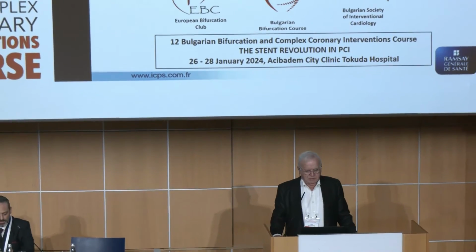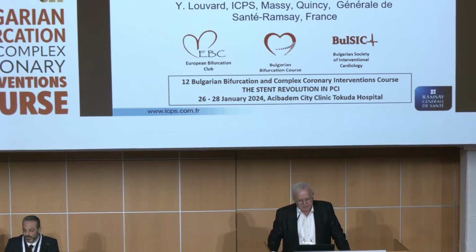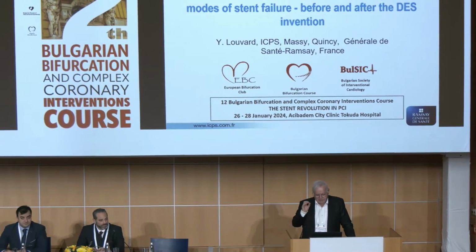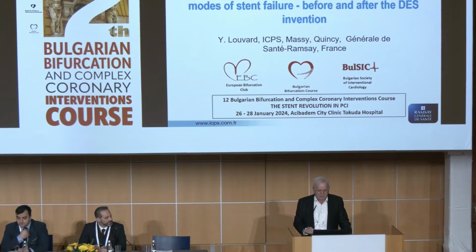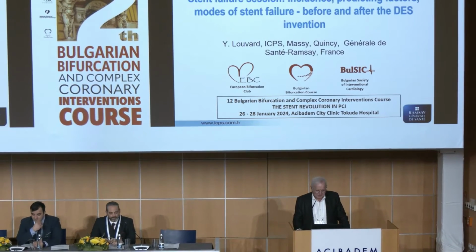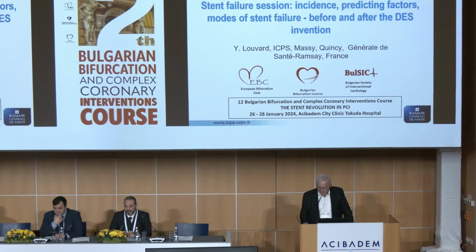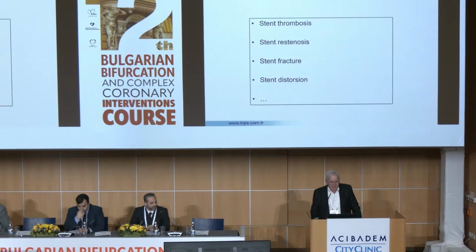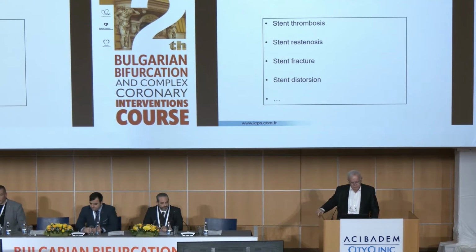Okay, good morning. So this is a relatively complex theme, and especially you will have only some flash of before DES, because this is so long time ago. So, mode of stent failure.